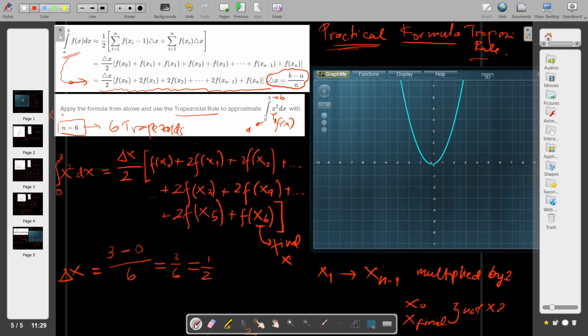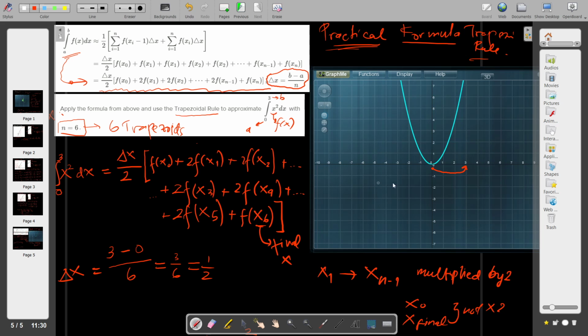Because we start from 0 until 3. So 0 is the initial condition and 3 is the final condition.